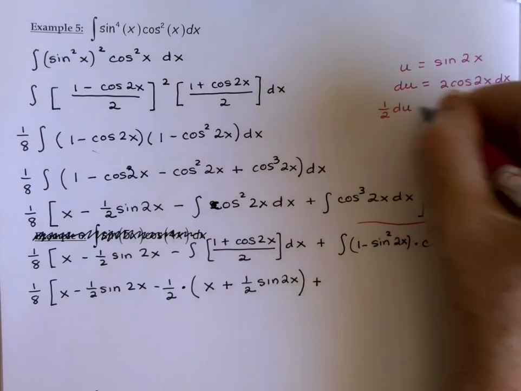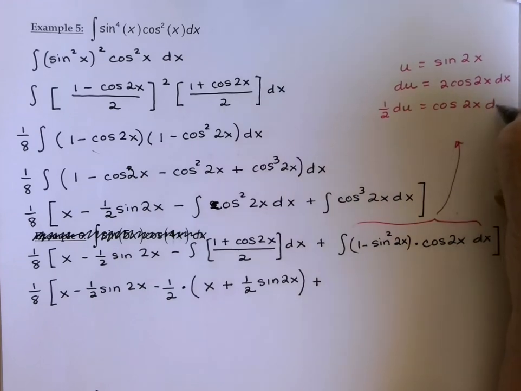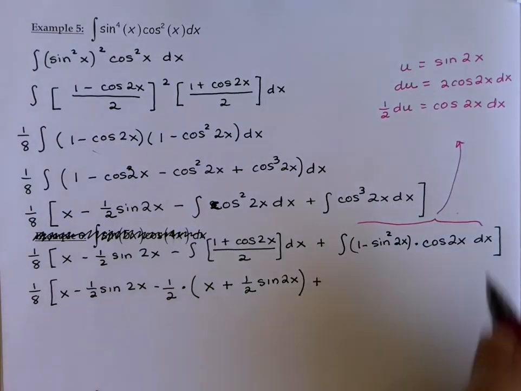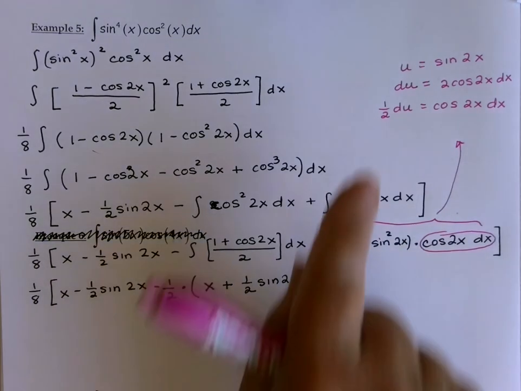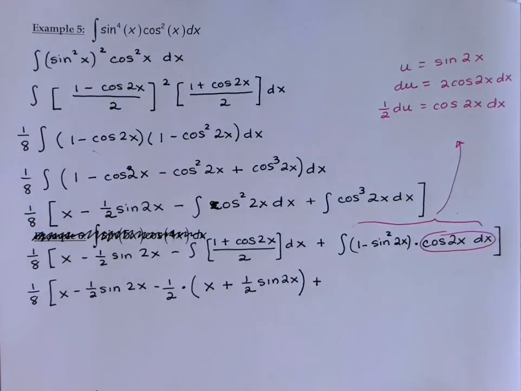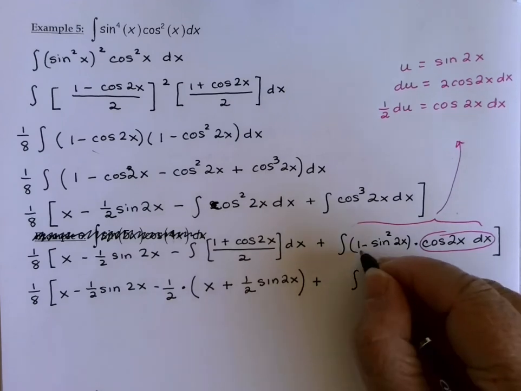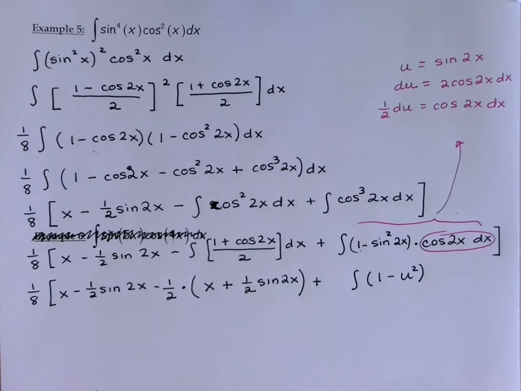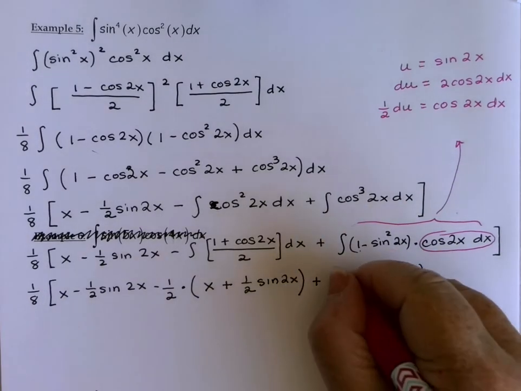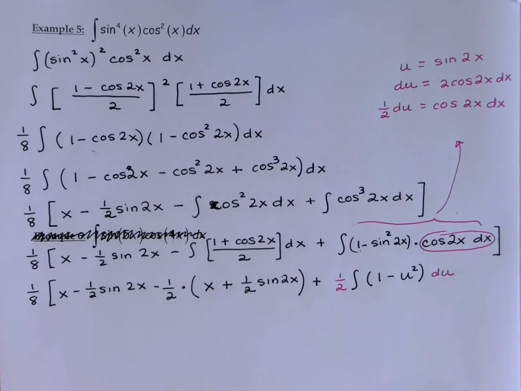And I'd have a 1/2 du equals cosine 2x dx. So that cosine 2x dx ends up getting replaced with a 1/2 du. So here we go. I've got 1 minus u squared. This becomes 1/2 du.